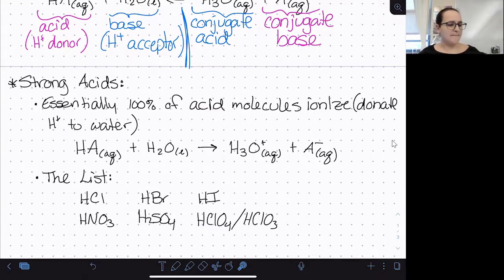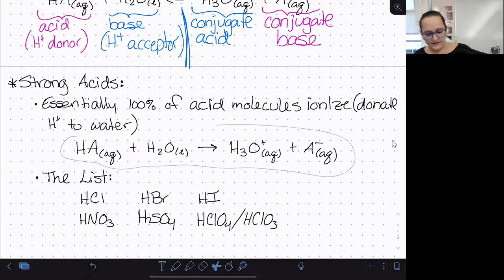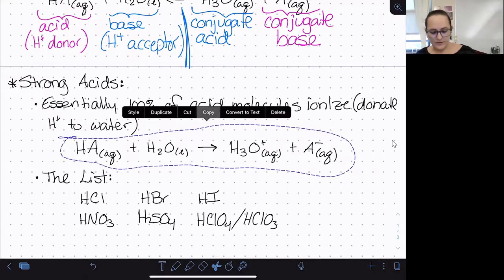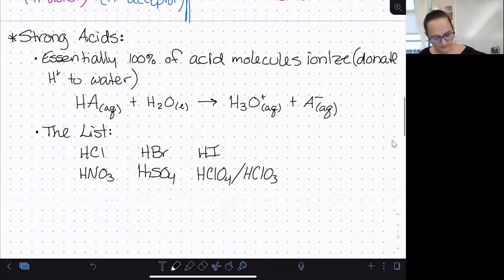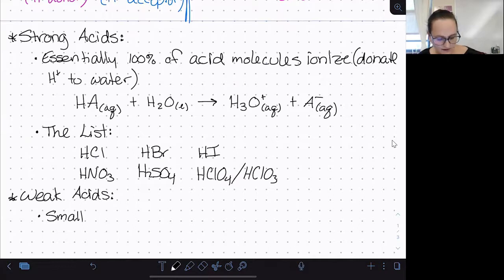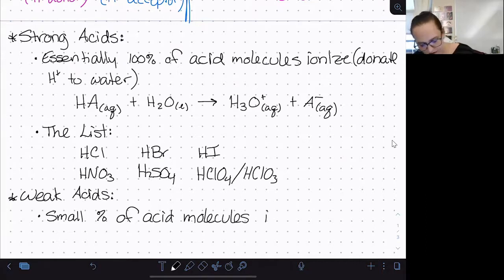Weak acids are anything that ionizes less than 100%. And generally, it's a pretty small percentage. So only a small percentage of our acid molecules actually ionize.